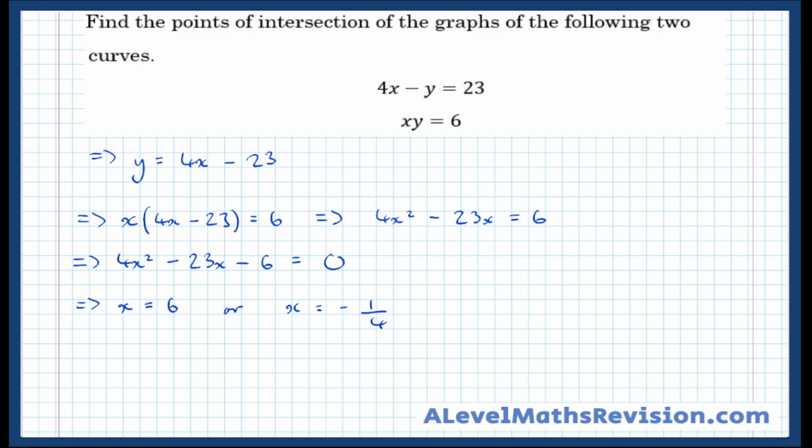And we can easily find what y equals because we've got a nice equation. There it is there, 4x minus 23. So that one means that y equals 4 lots of 6 minus 23. So 24 minus 23 equals 1. Or x equals 4 lots of x minus 23 equals, well, that one's minus 1 minus 23, which is minus 24.